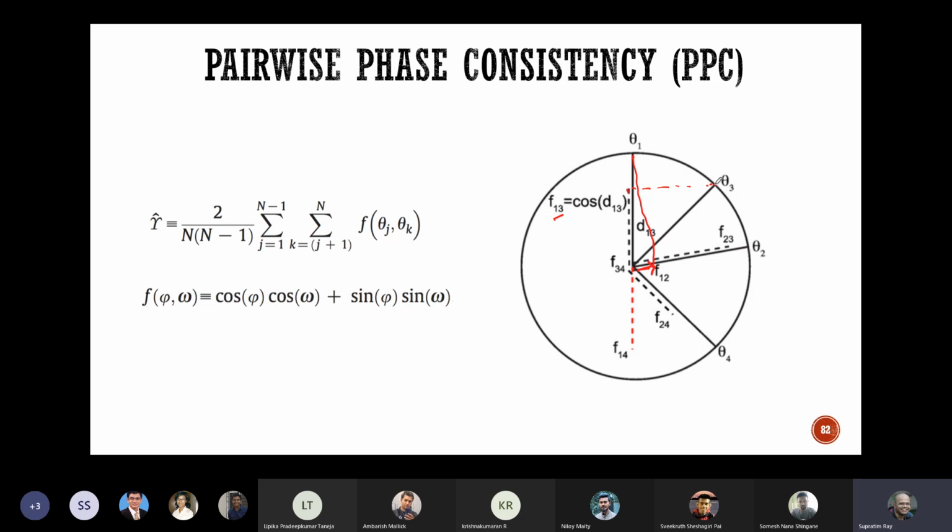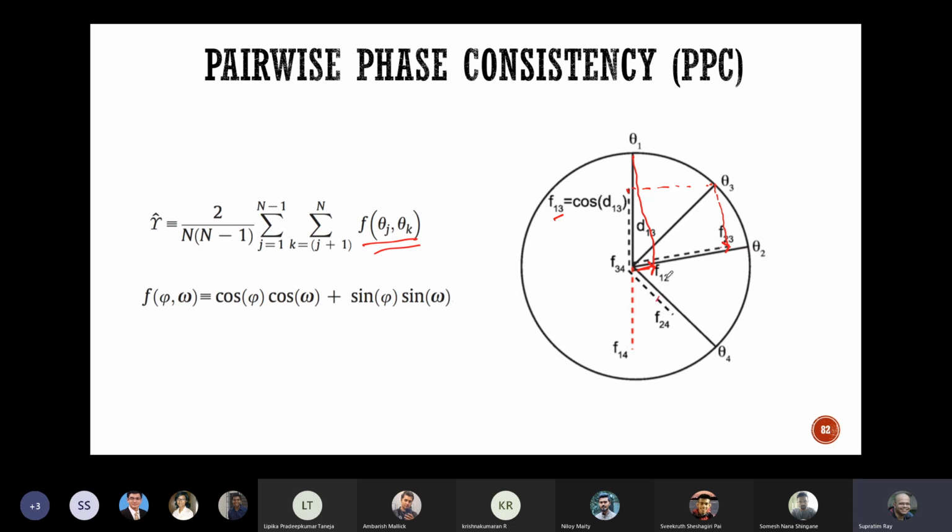F23 is the projection of 3 on 2, which is this. Okay, so I am computing the dot product between every pair. So I got F13, F23, F24, F34, F14, F12.